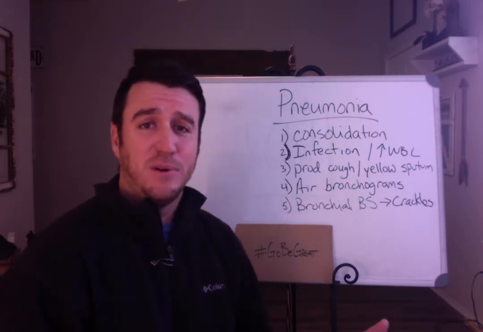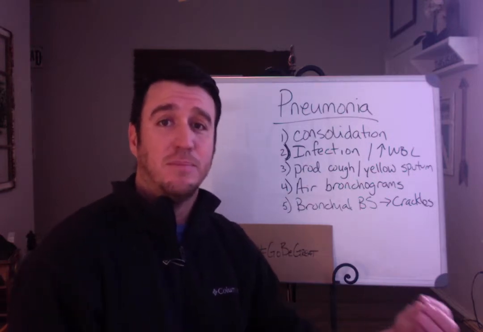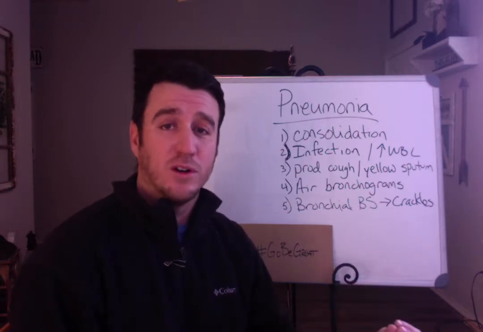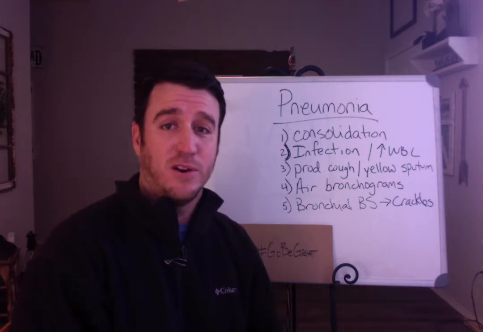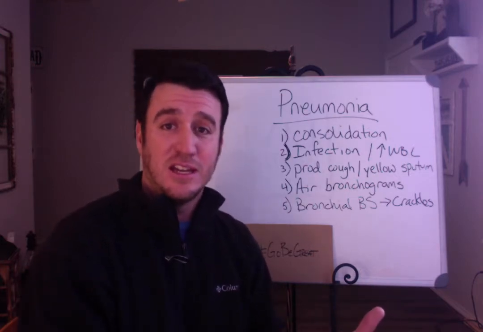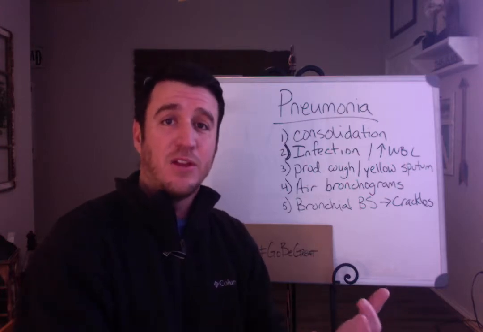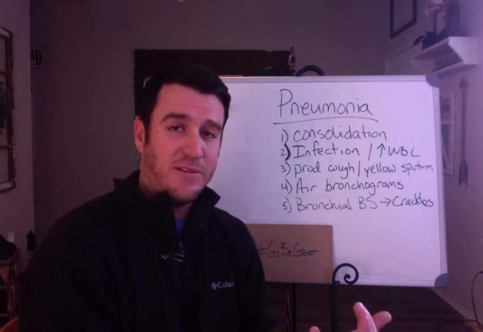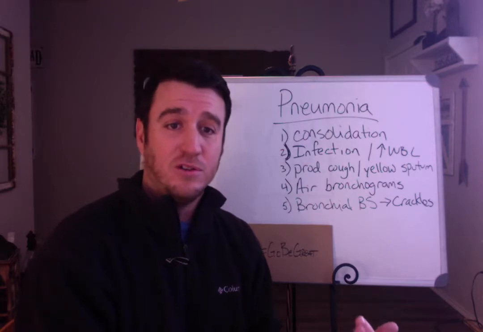So those are just 5 bullet points associated with pneumonia that are some key words, especially in the testing world, that you should associate with pneumonia. First, it's consolidation. Second, it's associated with infection, indicated by an increased white blood cell count. Third, the patient will possibly have a productive cough for yellow sputum.